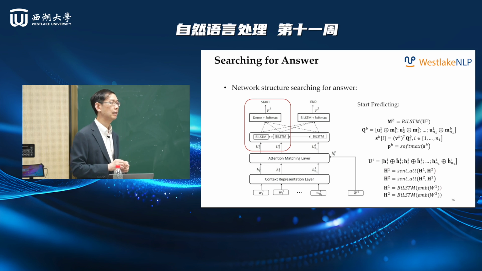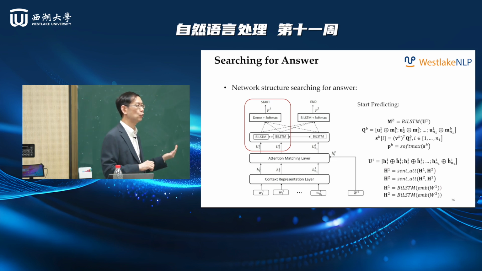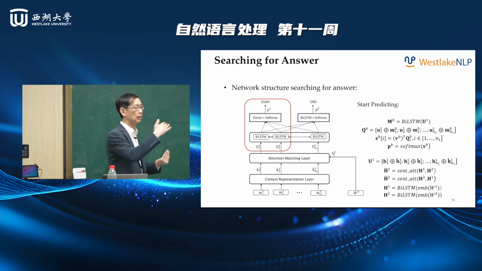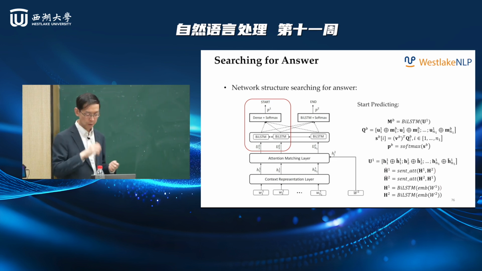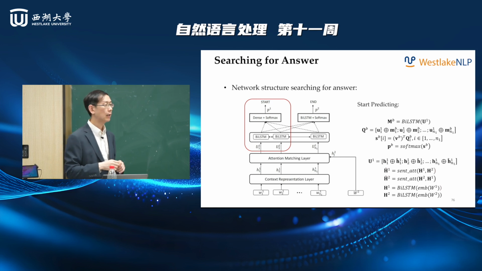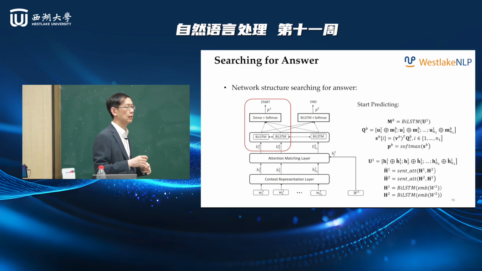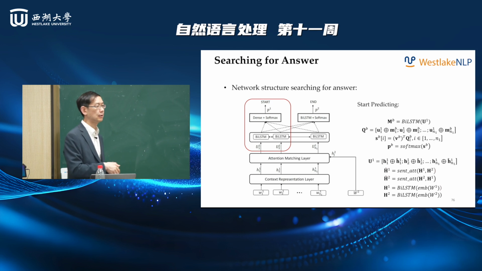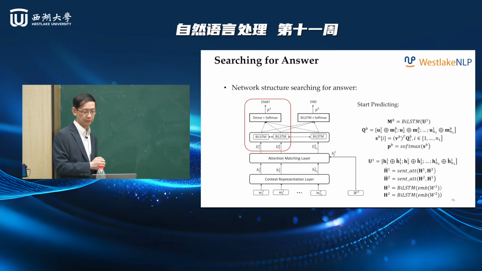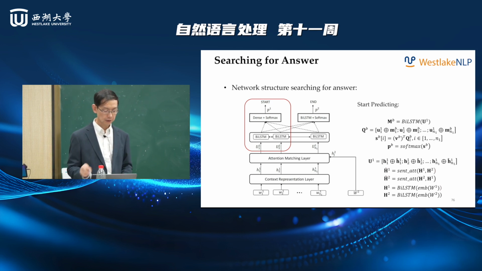QB is the concatenation between MB and U1. So that's a richer feature: the original U1 feature plus the biLSTM output MB. And after I get all the scores, I use a softmax to find the highest score, and that's the beginning of the answer span.